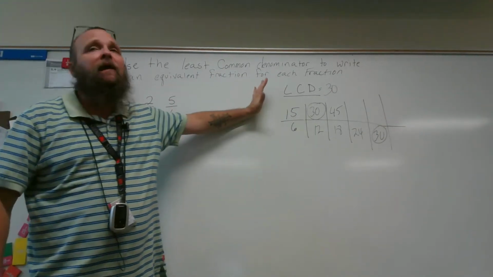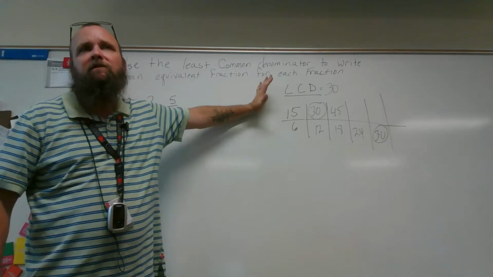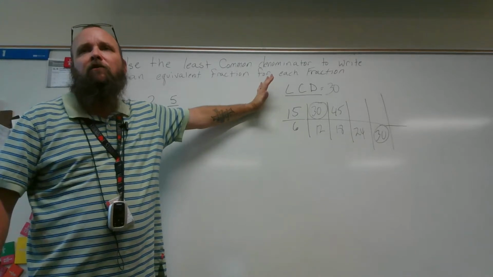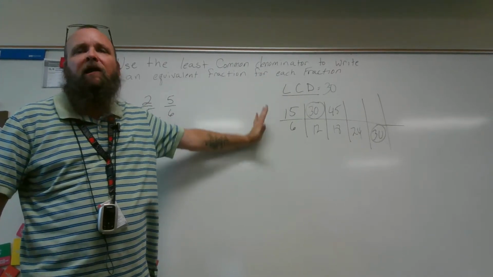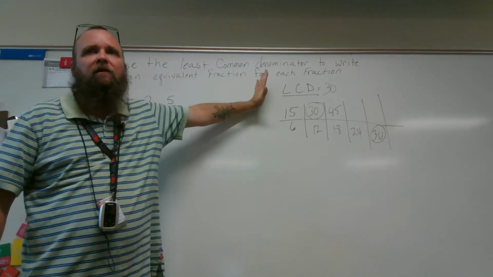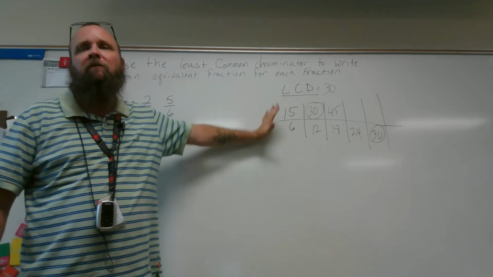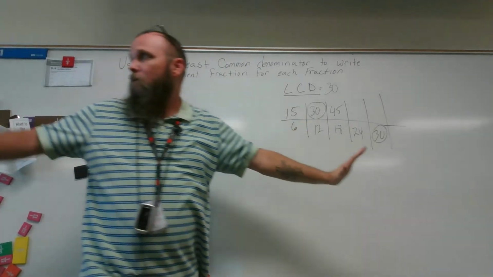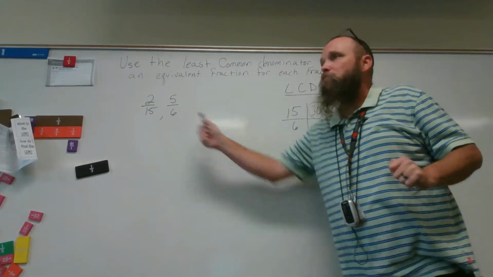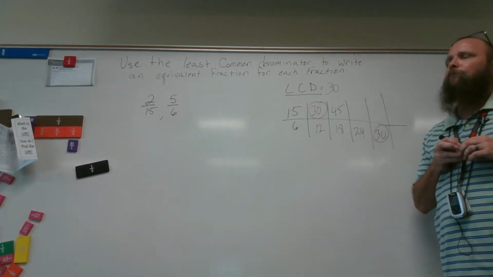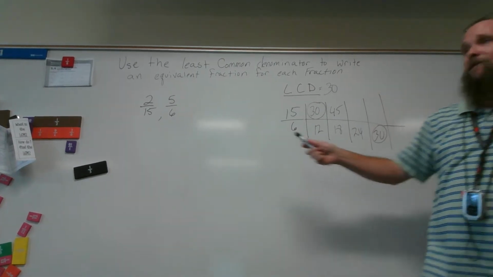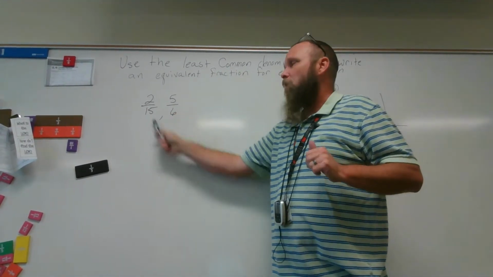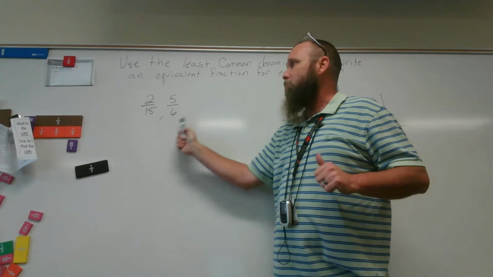Is there anybody in here who does not understand how I found the least common denominator? Okay, but we got it now. Ava? Okay, do you know which part of the fractions the denominators are? Yeah. Okay, this is the total number of pieces there are.